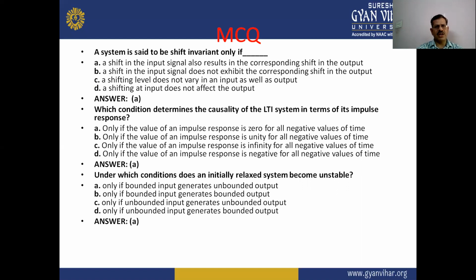And option D, a shifting at input does not affect the output. So the correct answer here is option A: a system is said to be shift invariant if a shift in the input signal also results in the corresponding shift in the output.